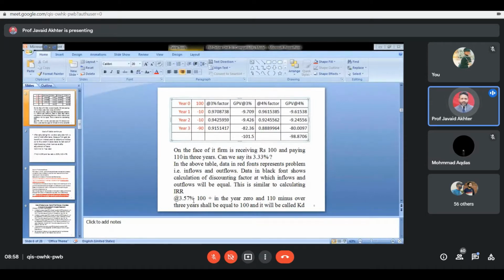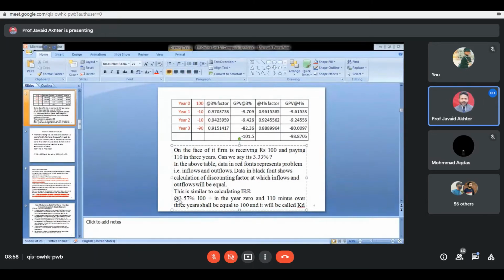Before reading the middle part, read this paragraph. This is similar to, I have written, this is similar to calculating IRR. At 3.57%, 100 rupees received today and 110 paid over a period of 3 years in such a way that 10 in first year, 10 in second year, 90 in third year will be equal to 100 at the rate of 3.57%.